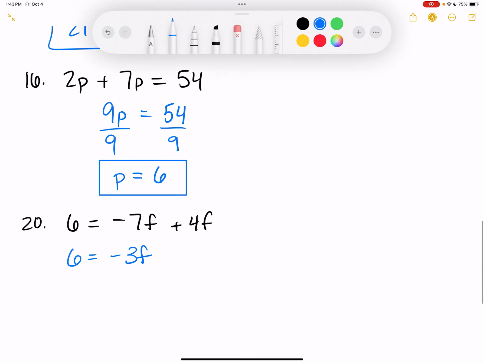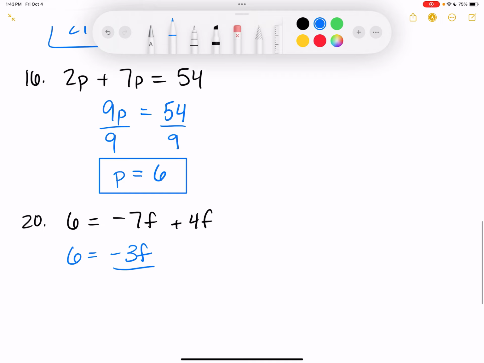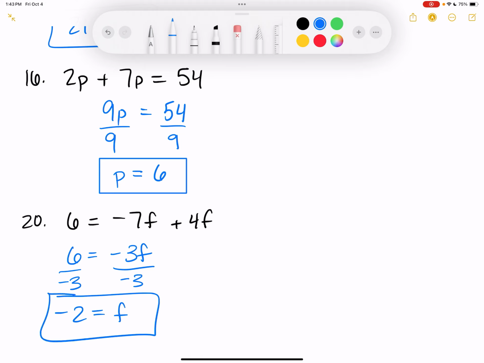Now what? These things are being multiplied, so what do I have to do? Divide. Divide by negative 3. And what do I get? Negative 2 equals f. Negative 2 equals f.